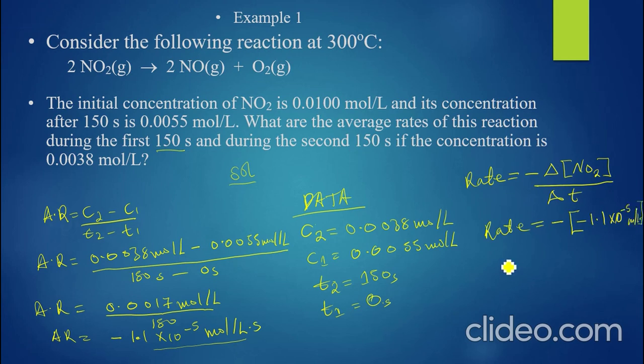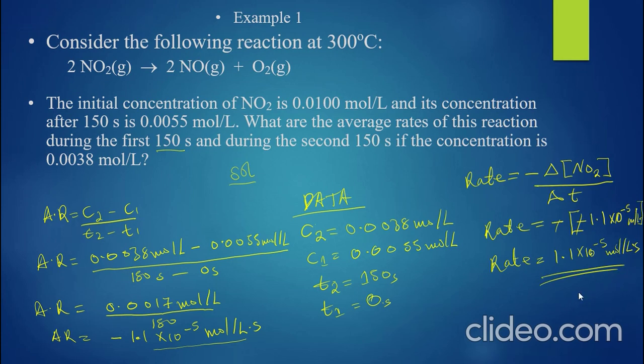And then later on you're going to find your answer to be positive, so it will be 1.1 times 10 to the power negative 5 more per liter per seconds, like that. Then you are done. So this one is very simple, and I'm sure you agree on this one.